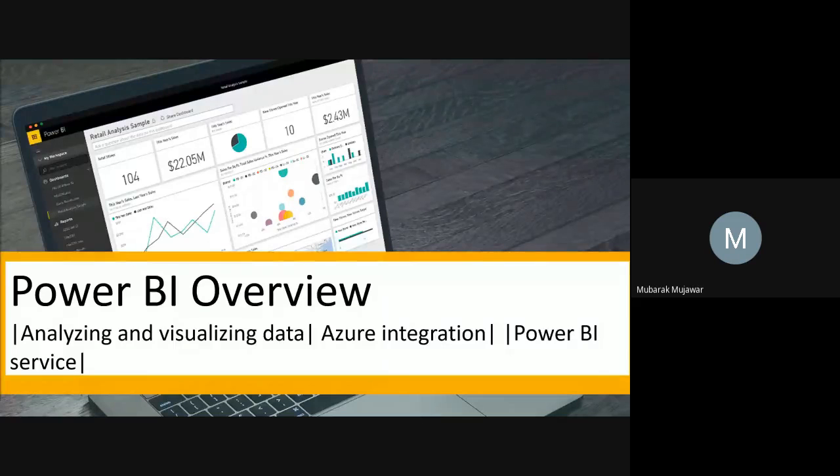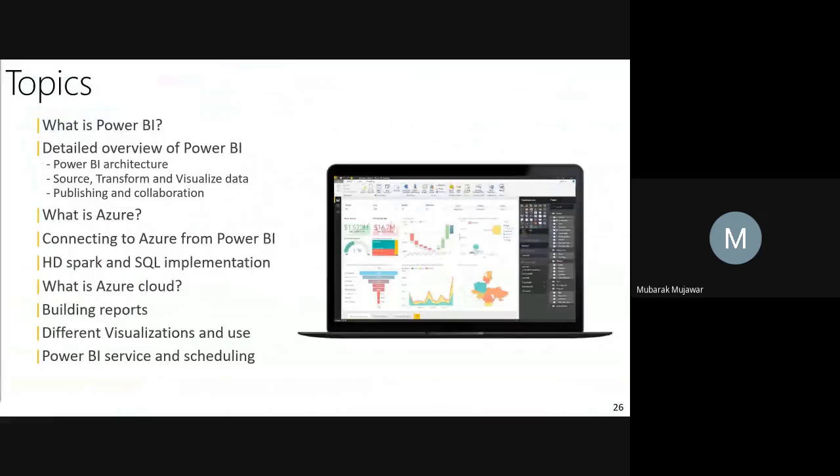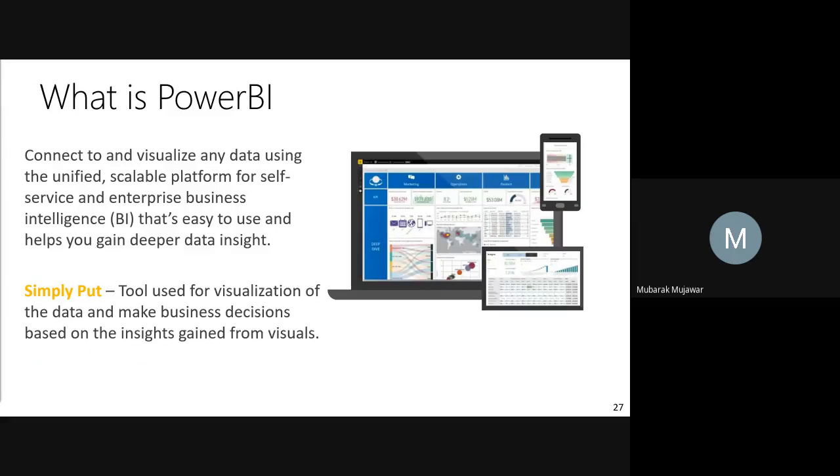What we're going to see now is the overview of Power BI. I'll be a little fast. I don't want to spend much time on it, and I'll directly show how it works. Power BI is one of the powerful online applications where we can connect and visualize any data using a unified scalable platform for self-service and enterprise business intelligence.